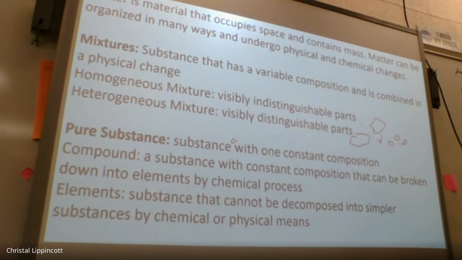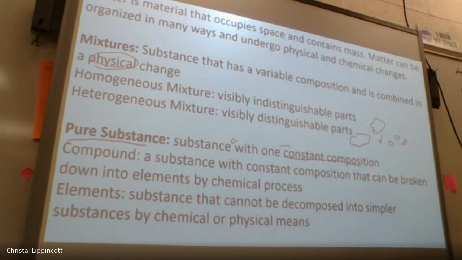Those are heterogeneous mixtures. Because mixtures are physical changes, you can use physical changes to get back out of them: filtering, distillation, chromatography, things that we talked about last chapter, I believe. Yes? All right.